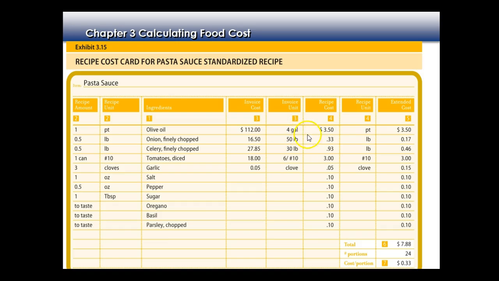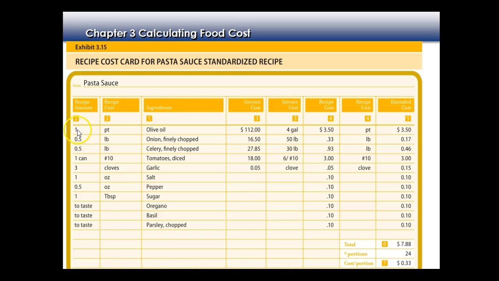Now there's a lot of math involved here from getting it to the recipe cost per unit. And then step 5, you'll be able to calculate all of it and then add it up, divide by portions into your total cost. There is going to be another video linked, but I just want to go over this real fast.